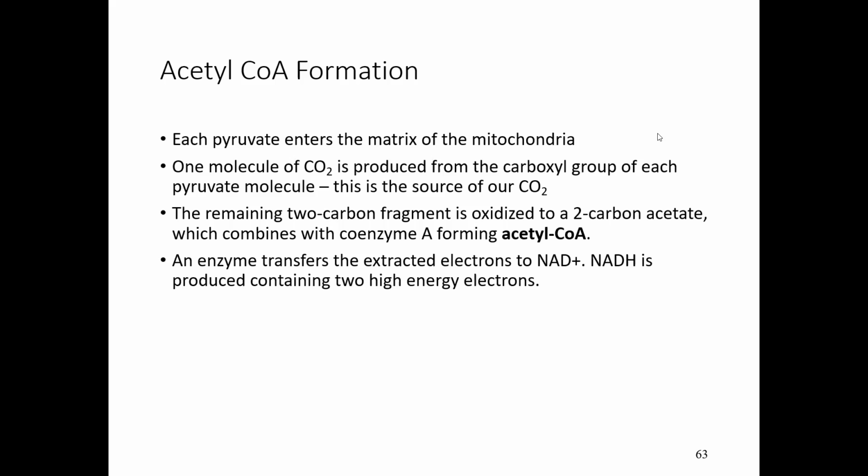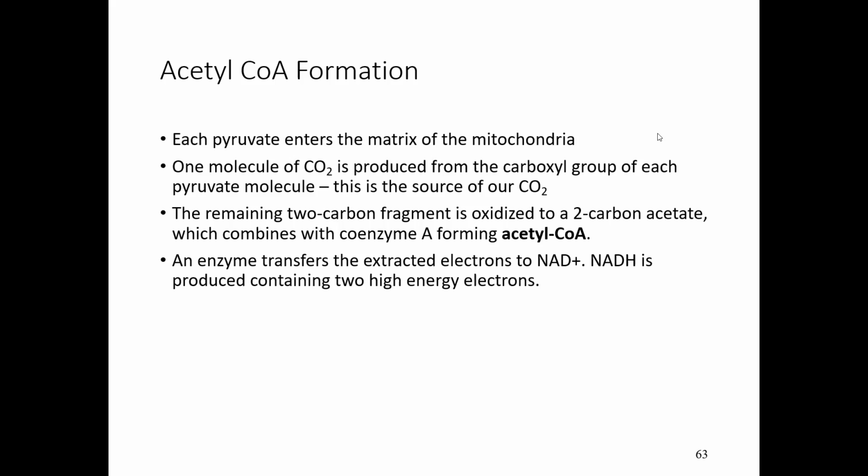Now, why is this important? Is anybody ever going to come up to you and say, hey, what happens to the acetyl-CoA? Where's it go? I don't think it's ever come up in conversation.